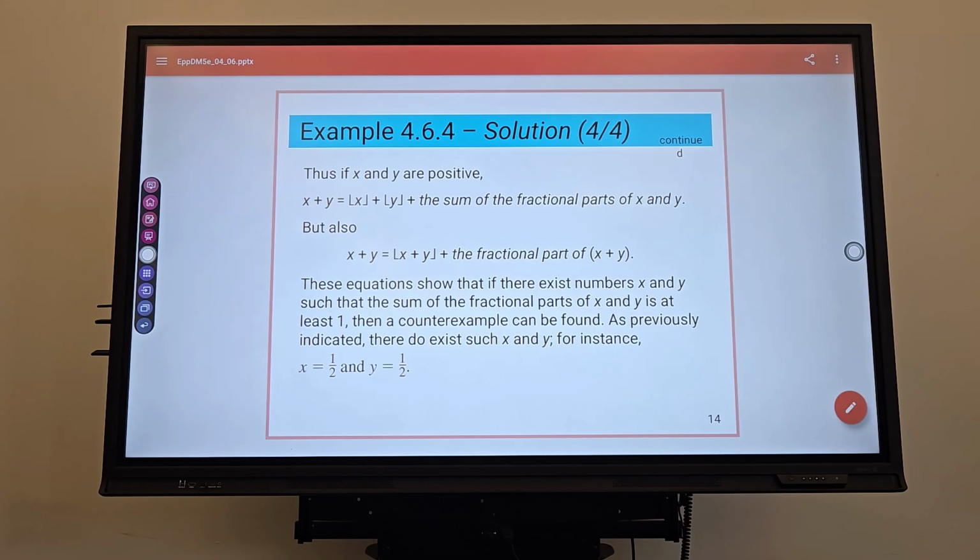These equations show that if there exists a number x and y such that the sum of the fractional parts of x and y is at least 1, then a counterexample can be found, with the counterexample being 1/2 and 1/2. One counterexample.